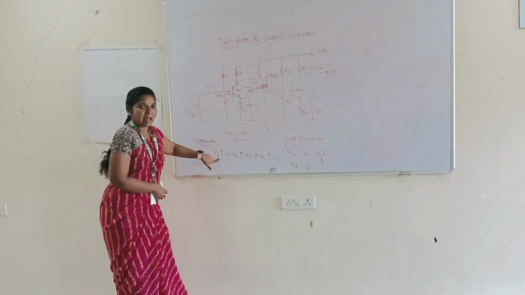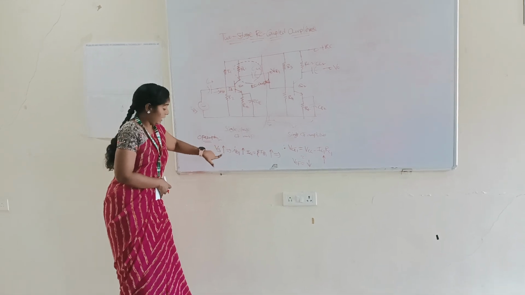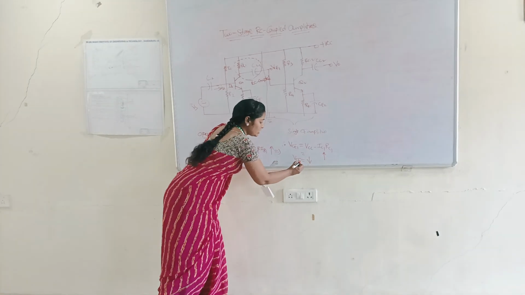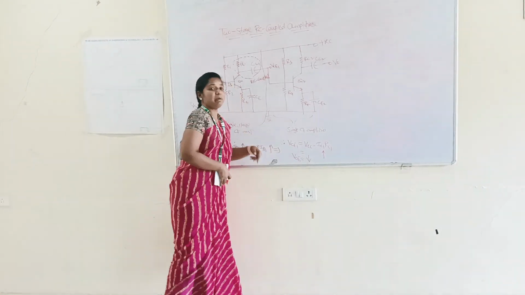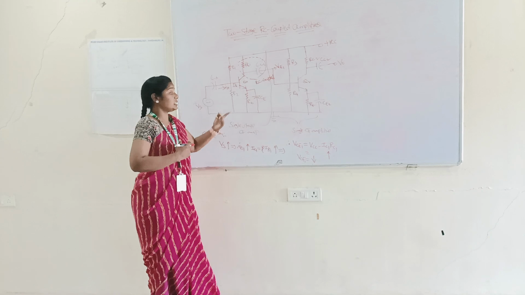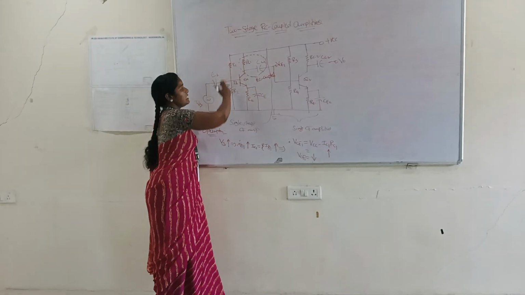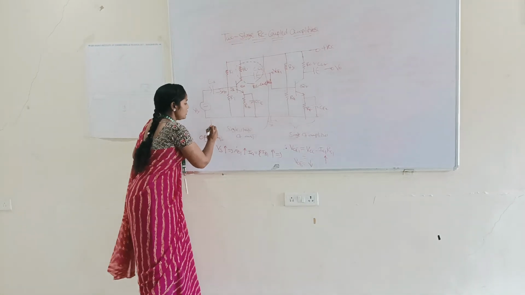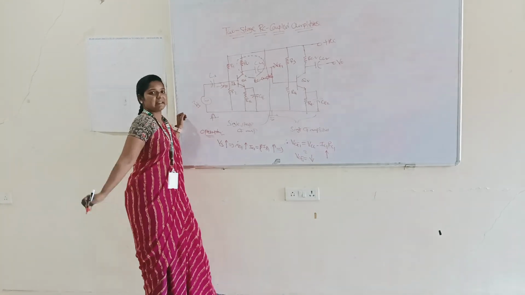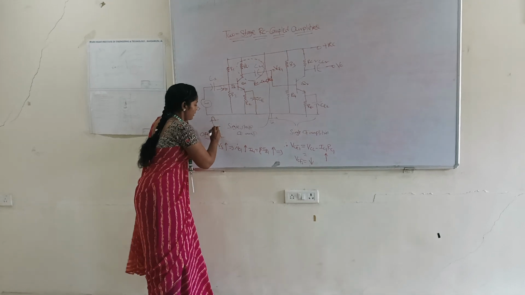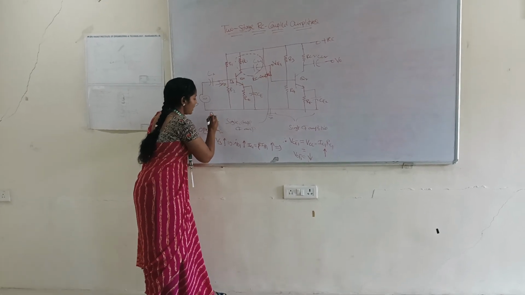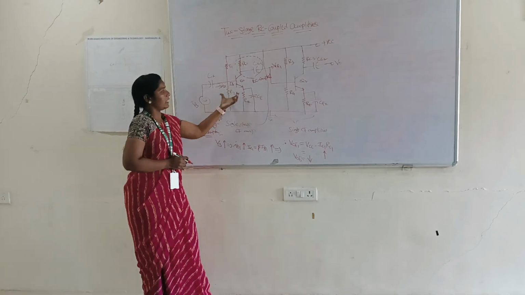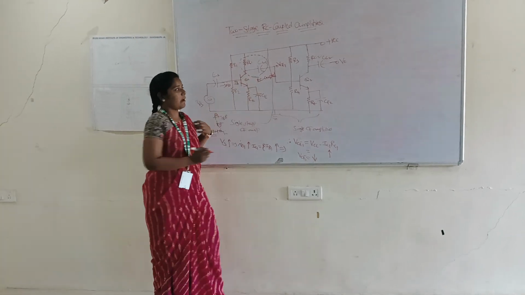If you are giving increased input voltage, then you are getting the first stage output decreased. That means a 180 degree phase shift is in between these transistors. In the first stage CE amplifier, you are giving the positive sinusoidal signal, but you are getting the negative sinusoidal output. That means 180 degree phase shift in the first stage amplifier.